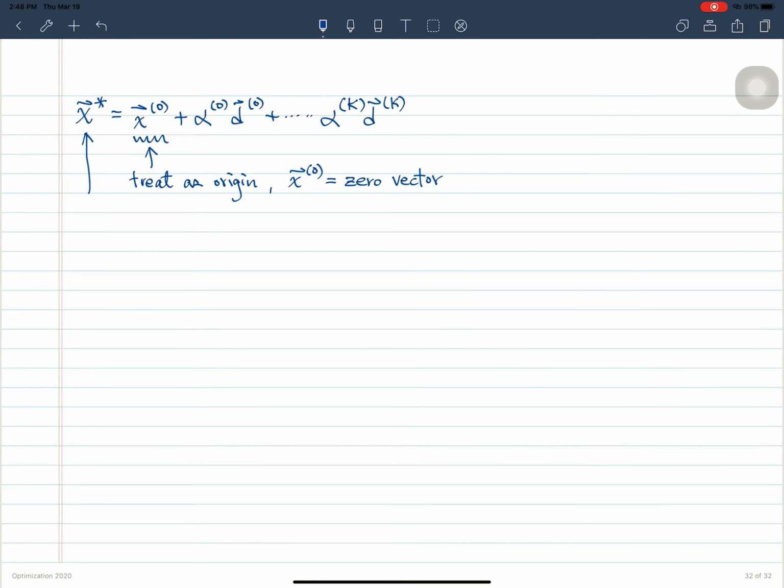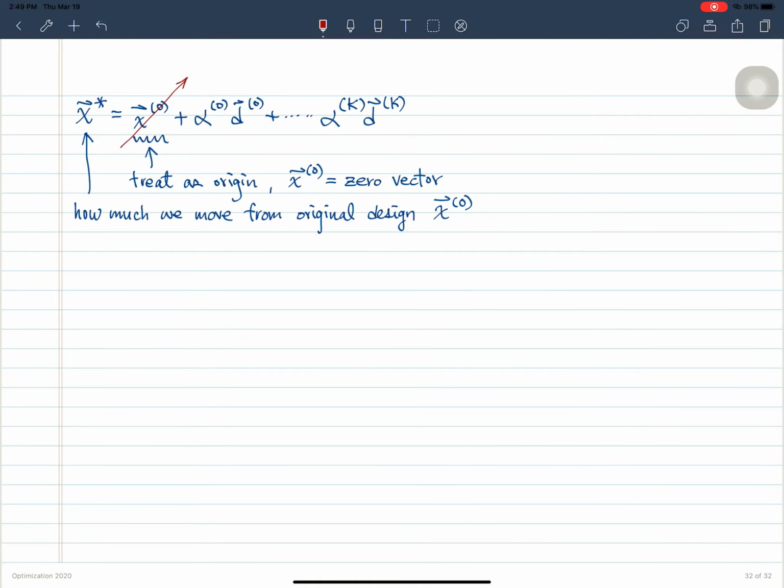This will help us do further analysis. It's like how much we move from the original design X0, because now X0 is the origin. Whatever solution we find is how much we move from the beginning to the end, the total movement, and that's easier for our derivation later on. When we consider this as the origin, you can get rid of it because it's a zero vector.